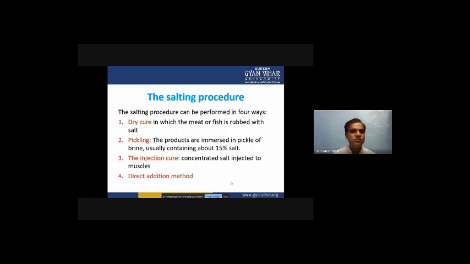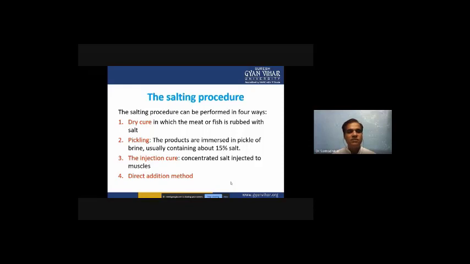If we rub salt on the surface of any food product, it will be preserved, because microorganisms attack from outside first. Pickling is a process where we make pickles, and these pickles are usually preserved in 15% salt concentration.